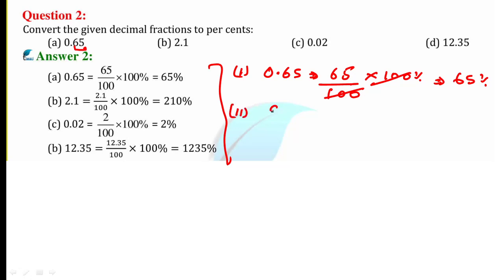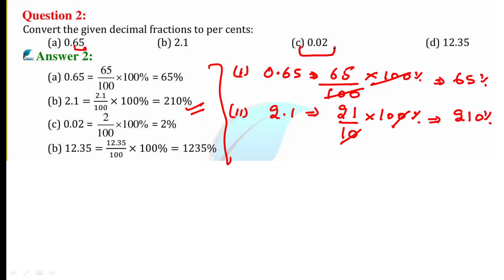Second part is your 2.1. So how many digits are after this point? There is 1 digit. So if you remove this point, you will obtain 1 zero in denominator. So multiply by 100. This 0 will cancel and you will obtain 210% as your required answer.